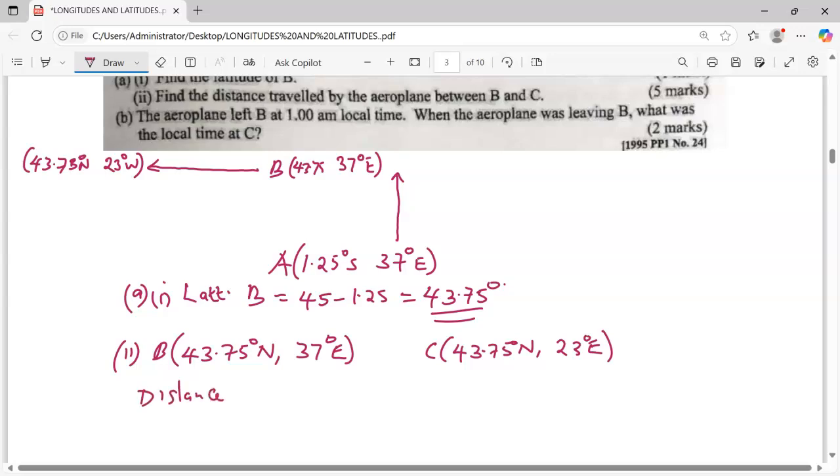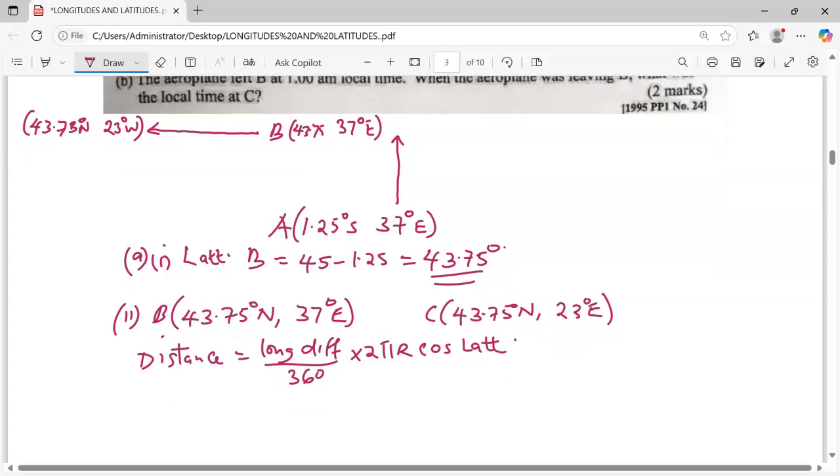To get the distance between point B and C in kilometers, we are going to take the longitude difference, divide by 360 times 2 pi r, then cos the latitude position. That is the formula of getting the distance between any 2 points that lie along a latitude or simply a small circle. To get the longitude difference, which is going to be noted by alpha, we look at the longitude positions.